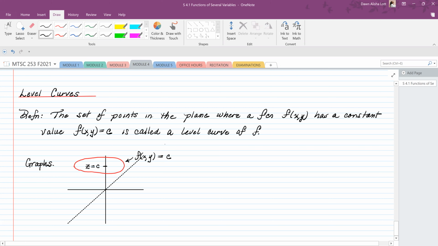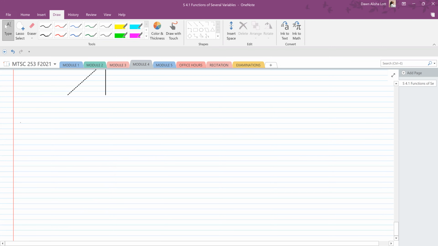Okay, so here's an example. Z equal to f of x, y is equal to x squared plus y squared.